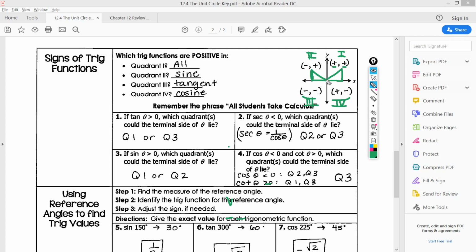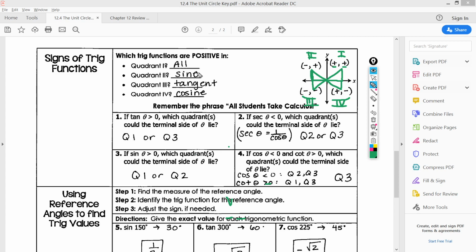If I have a triangle in quadrant 3, my x component is negative. It's going back on the x-axis. And my y component is negative. It's going down on the y-axis. And if I have a triangle in quadrant 4, the x component is positive and the y component is negative, going down on the y-axis.